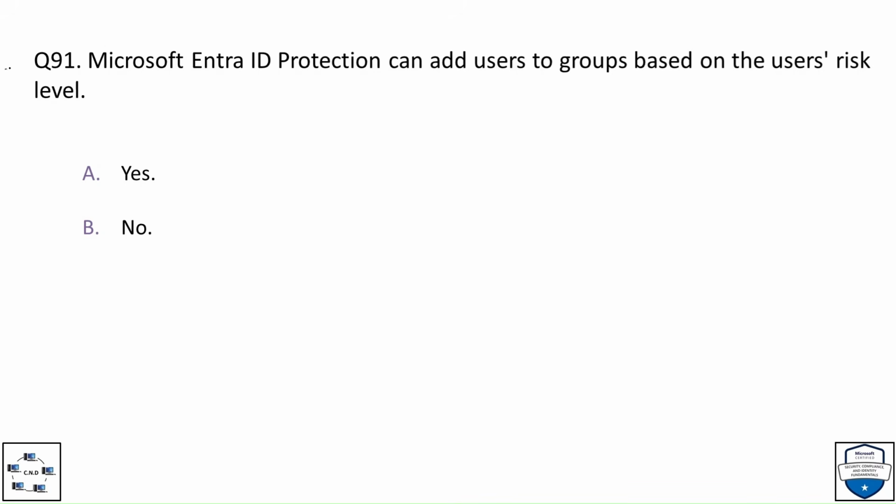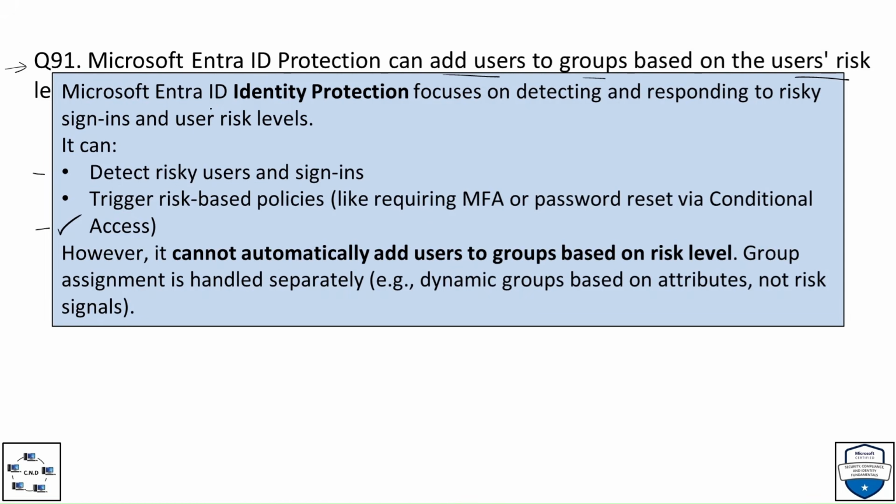Question number 91. Microsoft Entra ID Protection can add users to groups based on the user's risk level. The options are option A, yes, and option B, no. The correct option is option B, no. Microsoft Entra ID Protection focuses on detecting and responding to risky sign-ins and user risk levels.